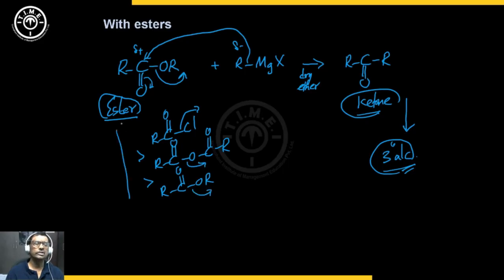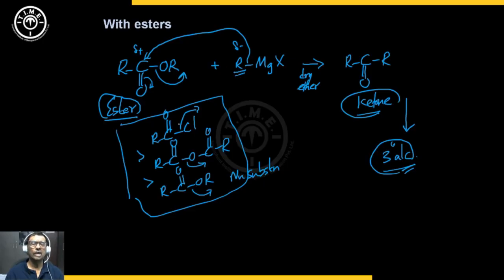Clear? So this is the order of reactivity with a nucleophile. So nucleophilic substitution order. What is the nucleophile here? Nucleophile is the R, right? So the R is going to replace this Cl, replace this OCOR, replace this OR. Clear? All these things are nucleophilic substitutions. Clear?